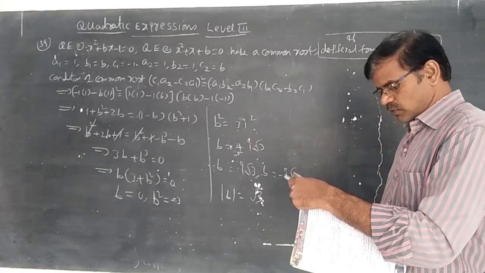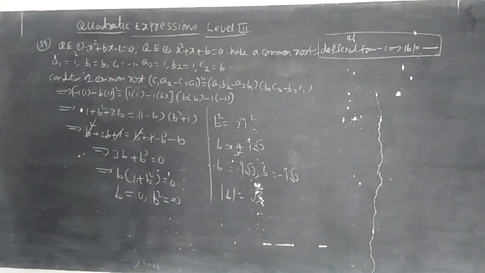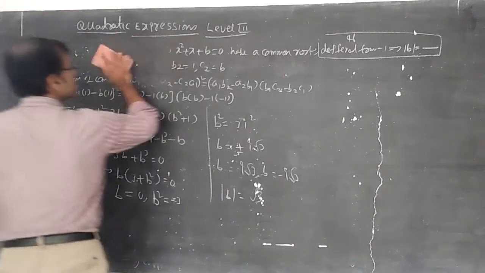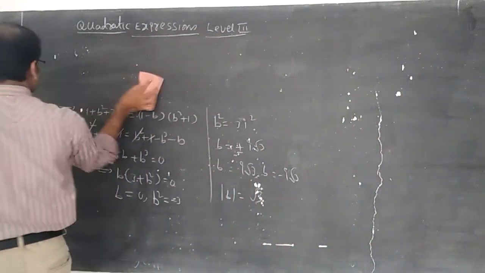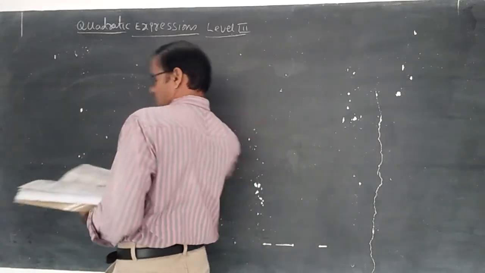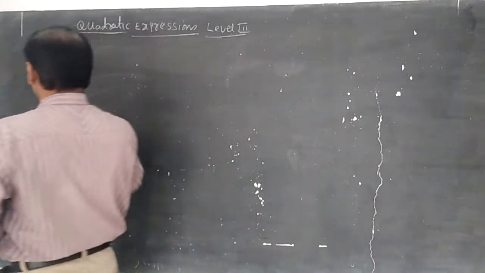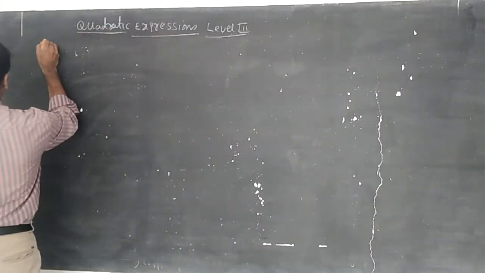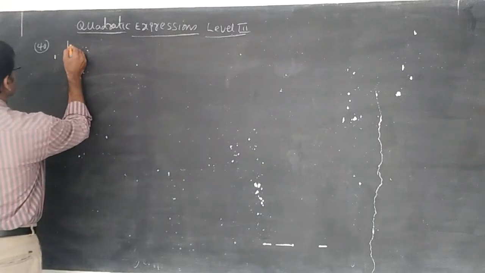Now let us discuss question number 40. The real number k for which the equation has two distinct real roots. I am writing the equation.